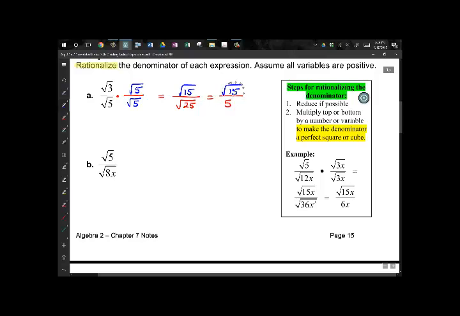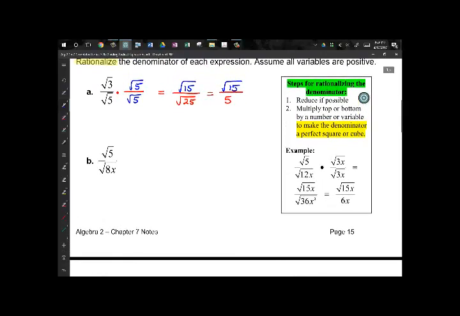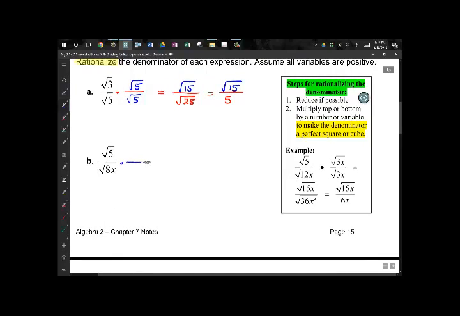Please note that these two do not cancel, as one is inside the square root and one is outside the square root. On B, we have a problem where we have the square root of 8x in the denominator. So we're going to have to multiply by something. Well, we have to think to ourselves, what would we want to have in the denominator? Well, we'd like to have a perfect square, like 16.